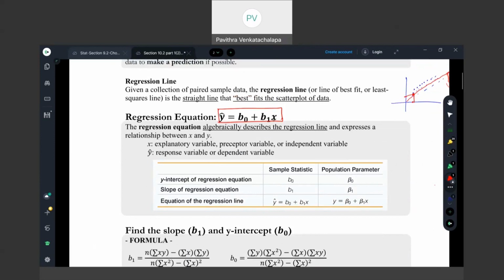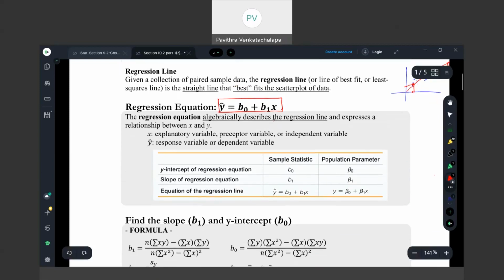Okay, so it says ŷ = b0 + b1x. Now these are the definitions for the notation.